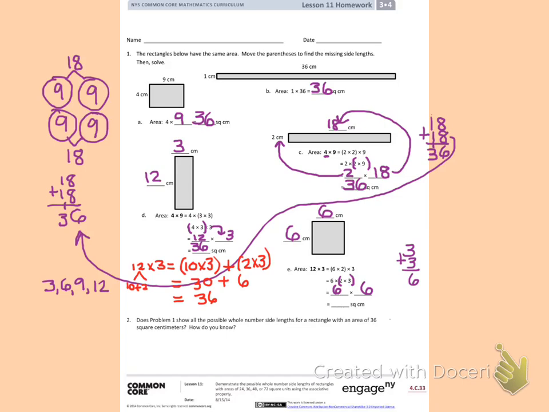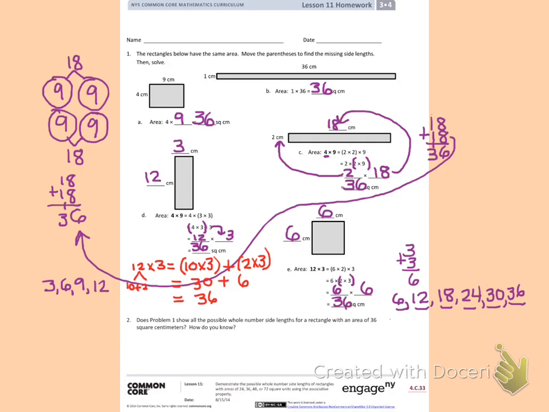Let's do that here with skip counting. 6, and 6 more is 12, and 6 more is 18, 6 more is 24, and 6 more is 30, and 6 more is 36. That's 1, 2, 3, 4, 5, 6 groups of 6. That makes 36.